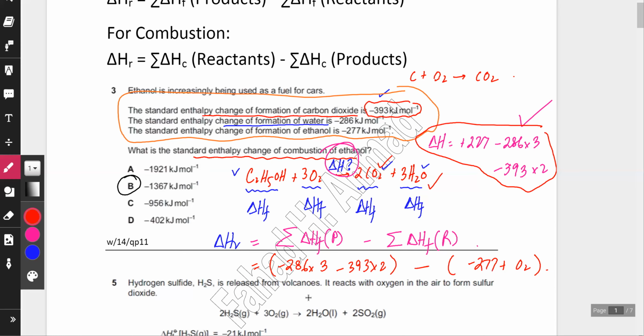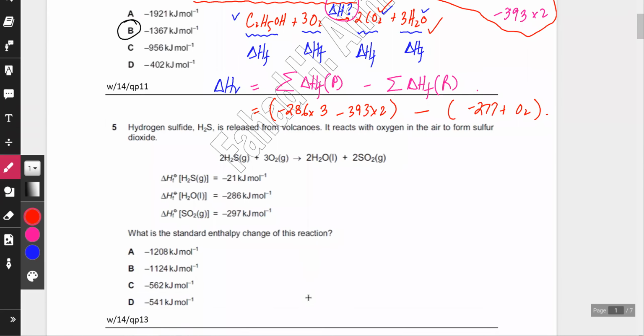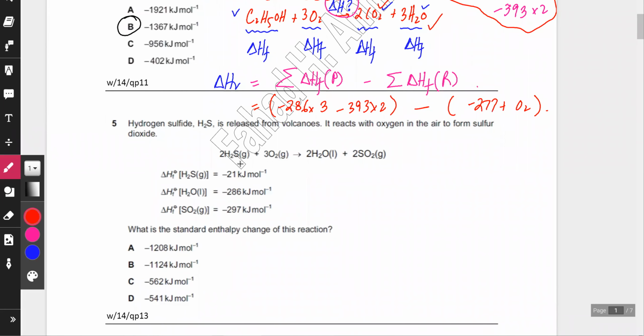Just do that. So try and solve this other question. You have to find the enthalpy change of this particular reaction.